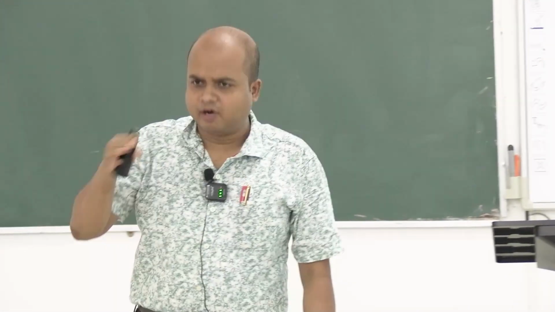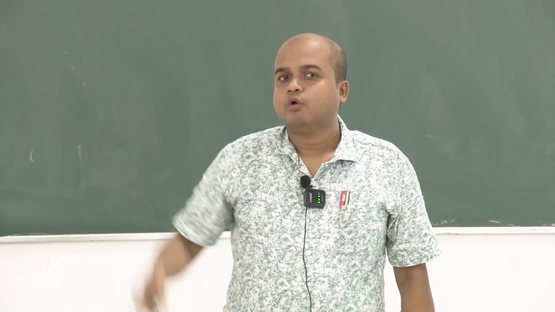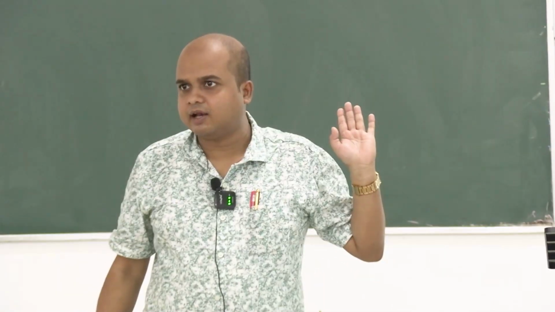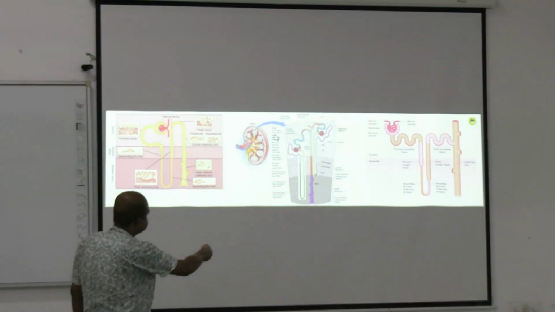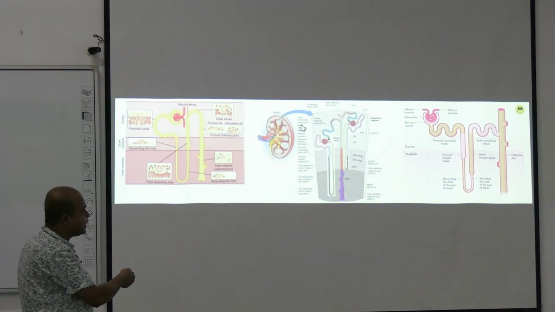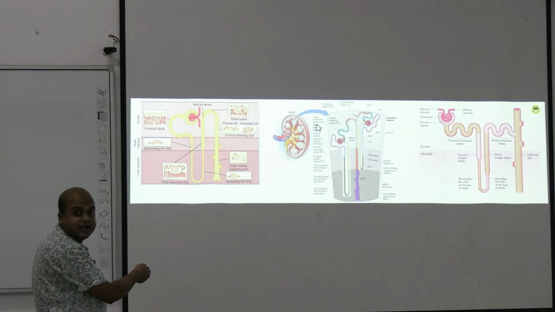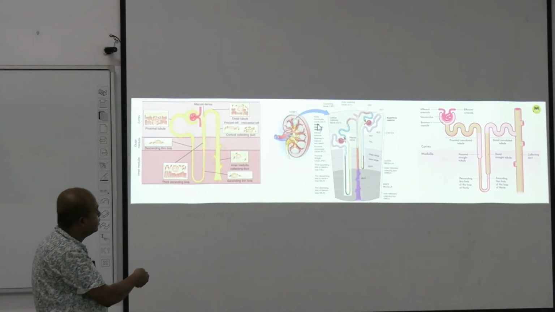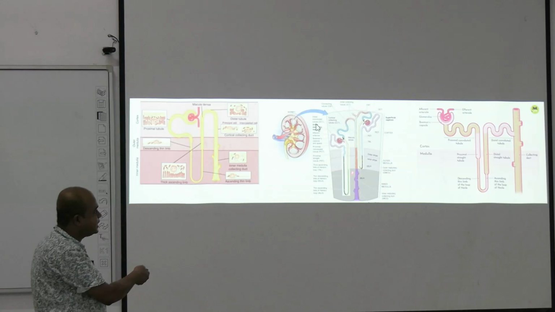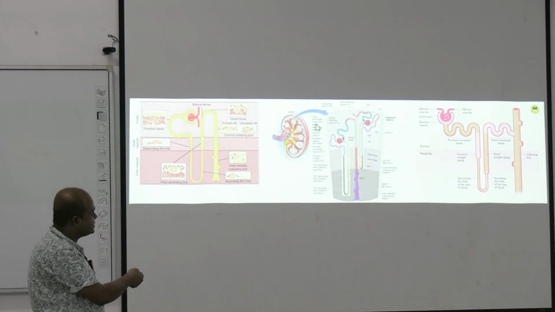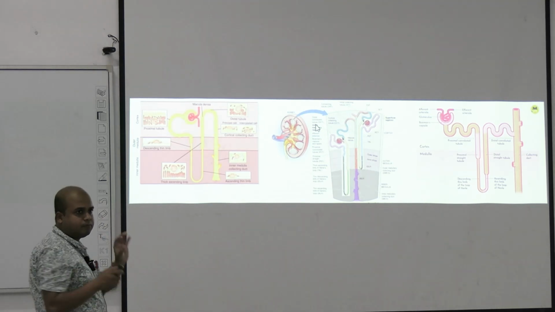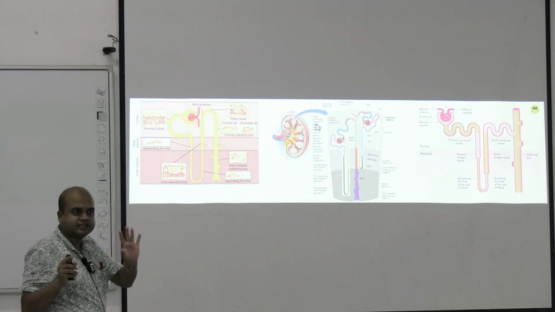In the next part, the thick limb and thin limb, ascending and descending, there is something I forgot to mention today, though I mentioned it last day: the thin ascending limb. See this green part, follow the red dot and the green line; this green line is the thin ascending limb. In the superficial nephron, the thin ascending limb is a significant part of the total length of the tubule.